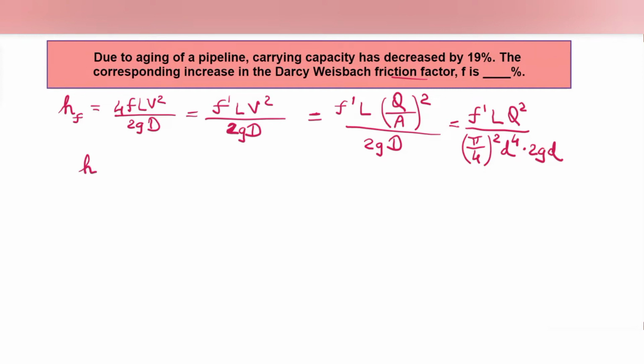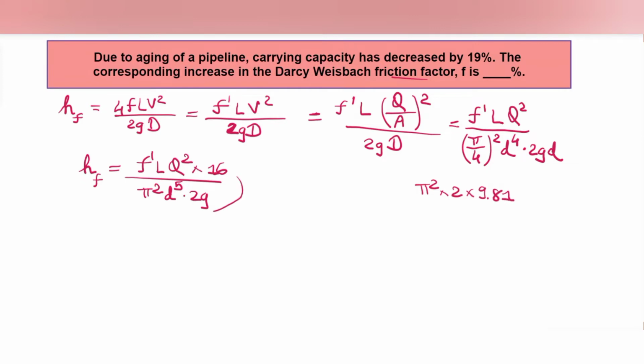You can use either small d or capital D to denote your diameter. Now this will be F dash L Q square upon pi square d raised to 4 into d, which will be d raised to 5, into 2g divided by 16, which will come up. So it will become 16 into F dash L Q square upon pi square d raised to 5 into 2g.